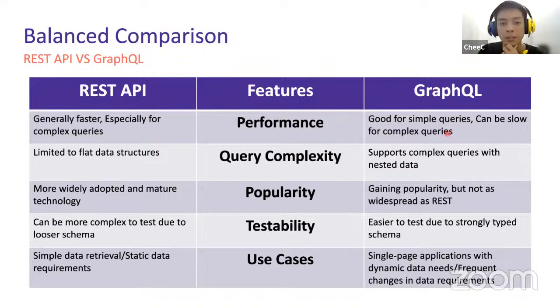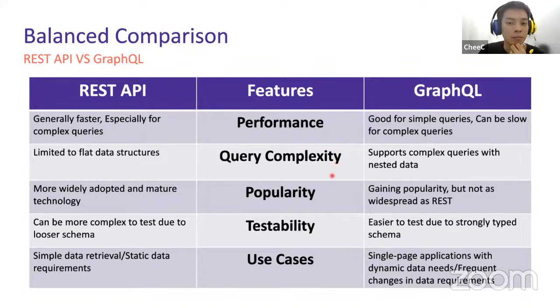Yeah, sure. Basically, I talked earlier about the flexibility. Here we can see a comparison of GraphQL and REST API regarding performance. For simple queries, as you can see from the showcase just now, it will be very fast and very nice to use.